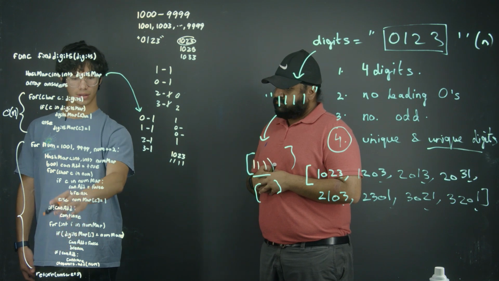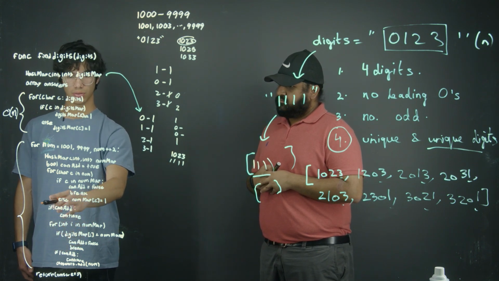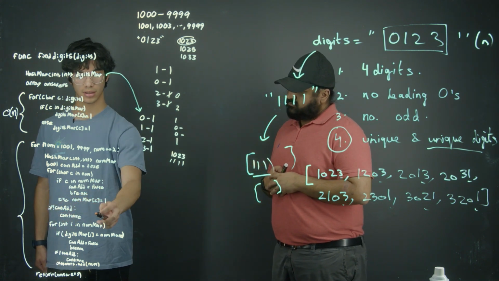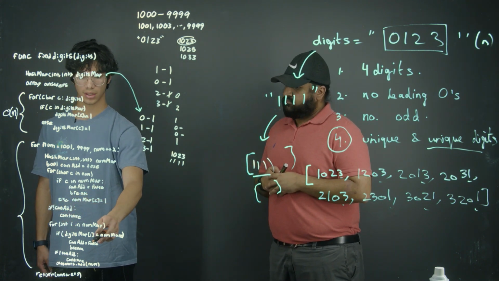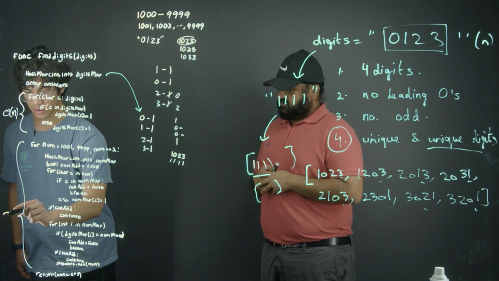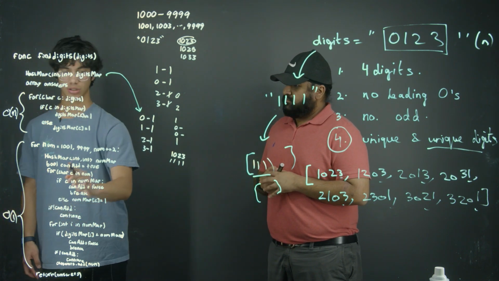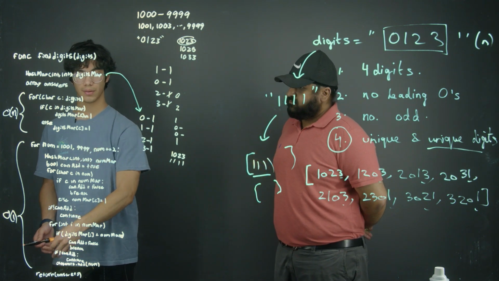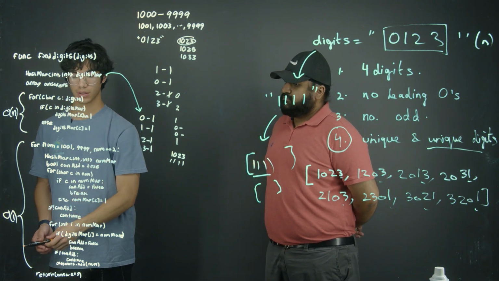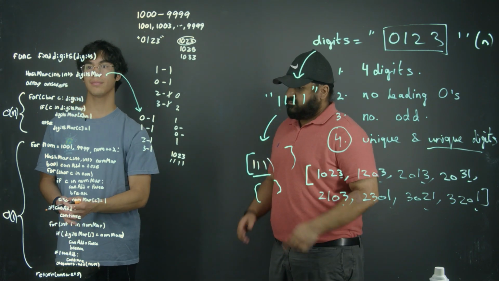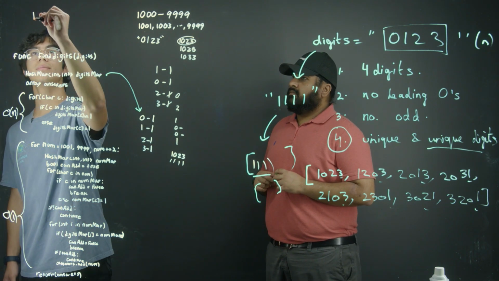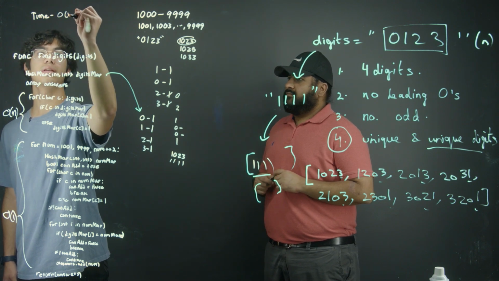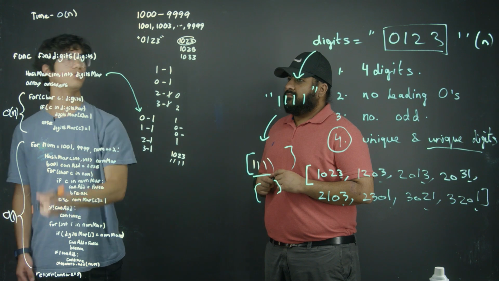So everything else in here is O of 1, since we're doing this constant enumeration loop. And then we're just returning answers at the bottom. So the time is O of n, where n is the size of digits.